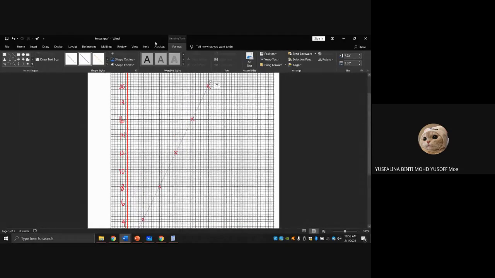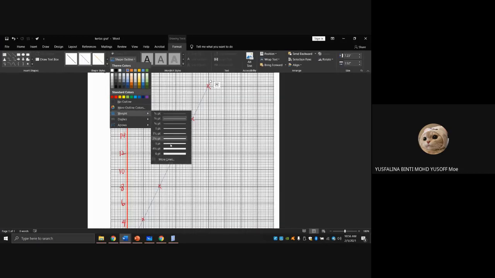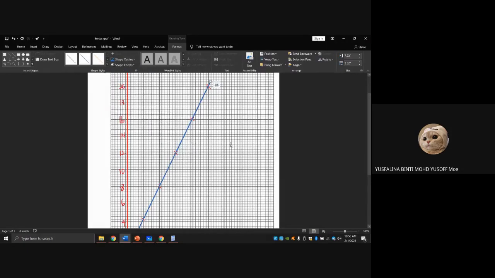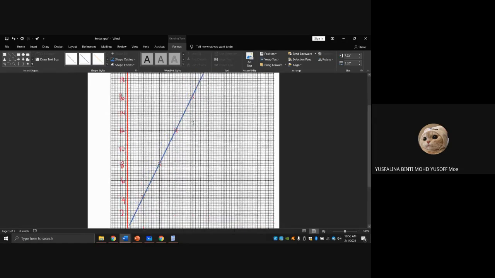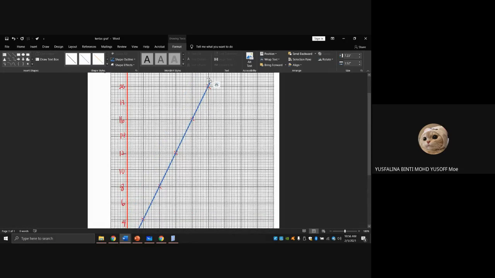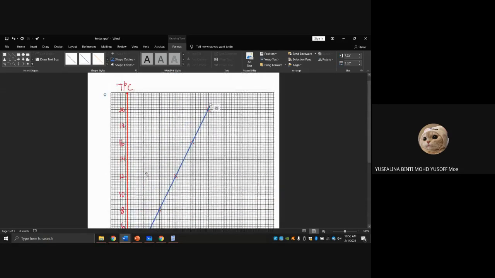Like this. Like that. But mine is thicker, because if I draw a very thin line, you will not see the line. So my graph is like that. You can see it doesn't matter whether it passes through the origin or not, as long as the graph is balanced. Right, we finish drawing the graph.